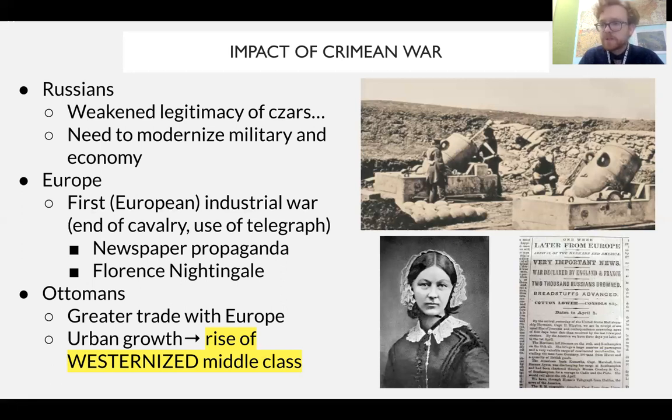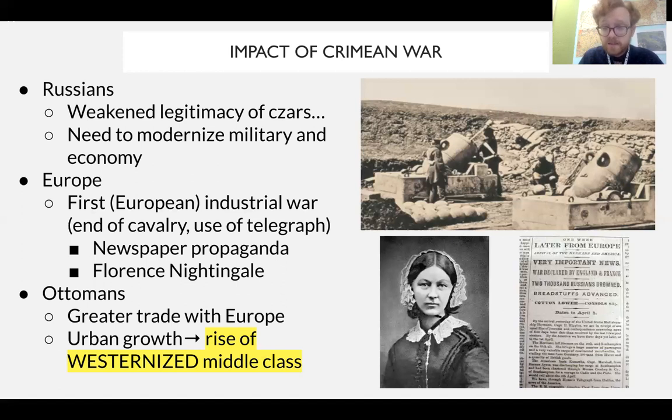But right now we're focusing on the Ottomans. Why is it important to the Ottomans? Well, the Ottomans actually win. So good for them. They prevent Russian expansion into Ottoman territory. And the alliances with the French and the British are going to lead to increased trade with Europe. This is going to fuel development of cities in the Ottoman Empire.